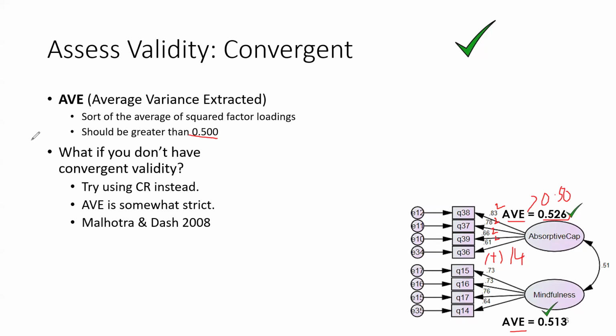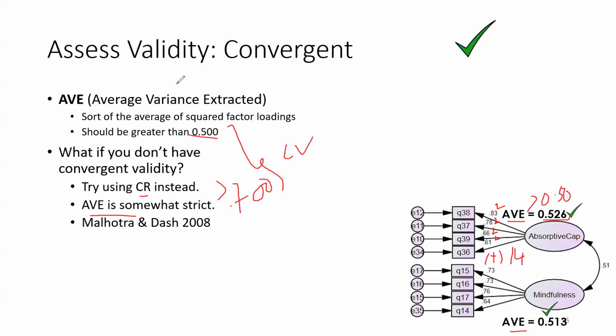If AVE is greater than 0.5, and there is also something called composite reliability, which is equivalent to Cronbach's alpha, produced from the SEM model, from the confirmatory factor analysis. This also has to be greater than 0.7. If you achieve these two things, you establish convergent validity.